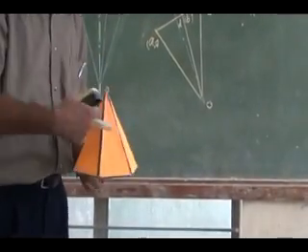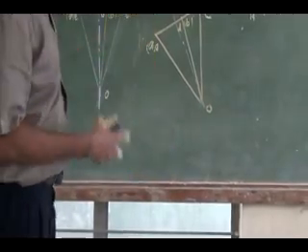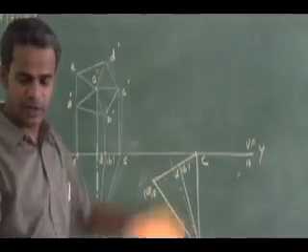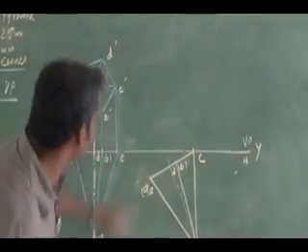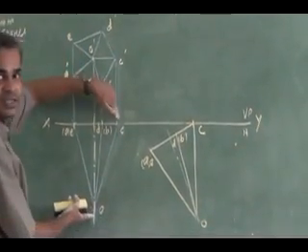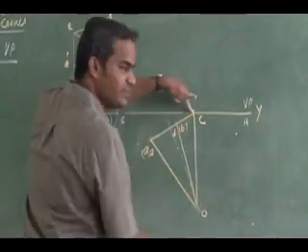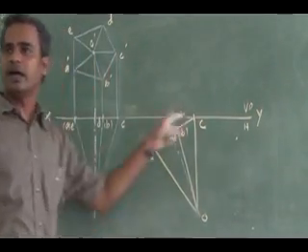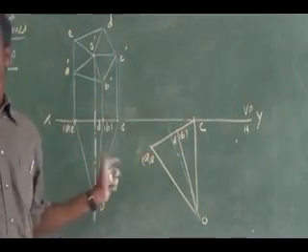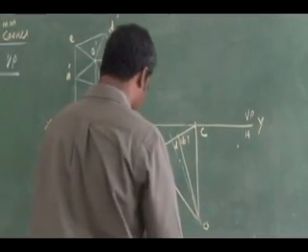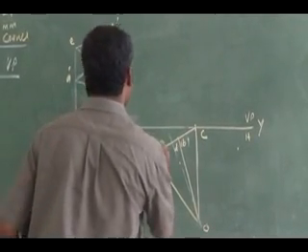Similarly, a slant edge is perpendicular to VP, like this, as given for VP inclination. That slant edge I have drawn as a vertical line. Then I have redrawn this. So then you can proceed for your final front view.